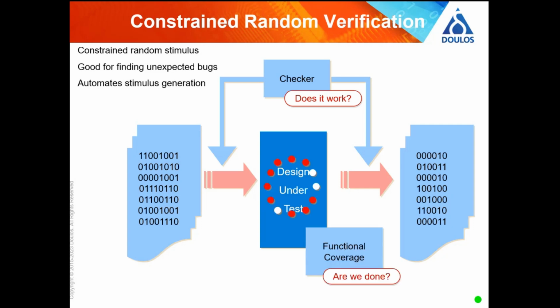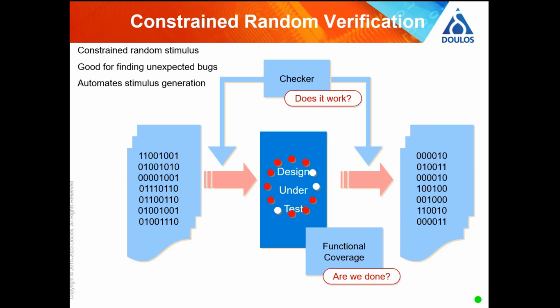The next thing you need, and we're going to talk about this in a minute, is some kind of metric, and that word was used this morning in Andy Bond's presentation. You need some kind of metric to know when you finish testing. Because if you're just throwing random stuff at your design, how do you know whether you've tested it properly or not? And the answer to that is to collect something called functional coverage. And we'll be talking about that in a few slides' time.